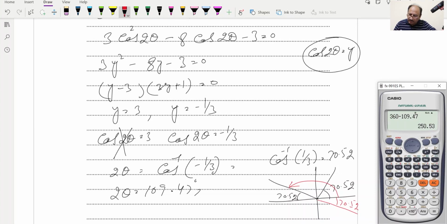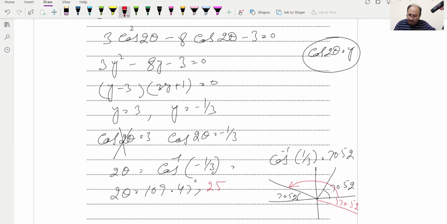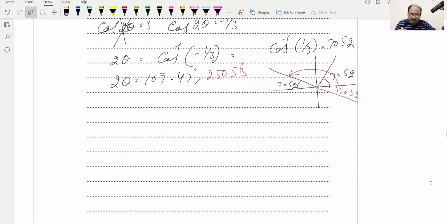So the other angle we will take is 250.53 degrees, and this is equal to 2 theta, so the theta value will be half of this, which is 54.7 degrees, and half of this will be 125.3 degrees we can write. So these will be the two angles which are required.